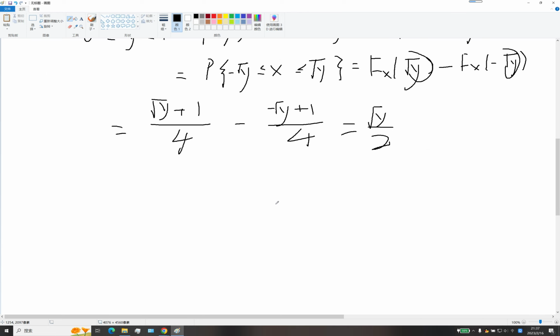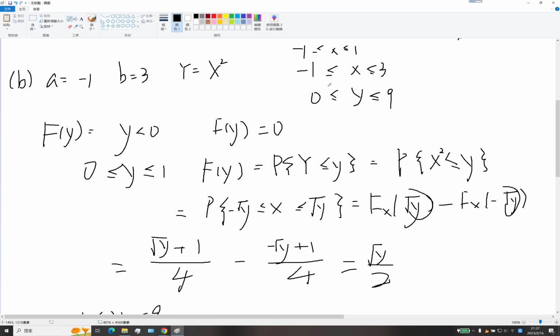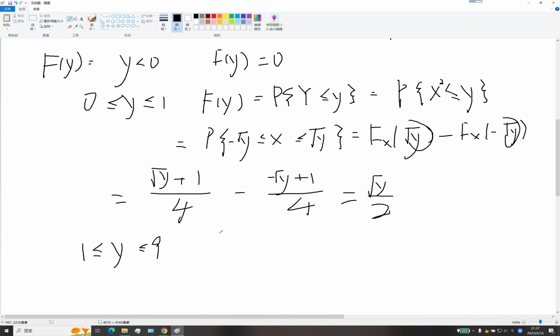And when y is larger than 1 and smaller than 9, then there is only one root because x is larger than -1. So F_Y is the same like this, but this is different.